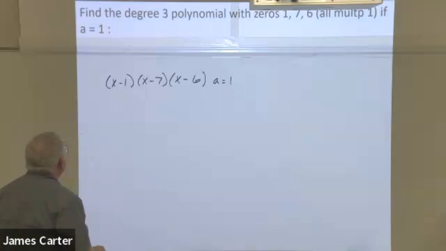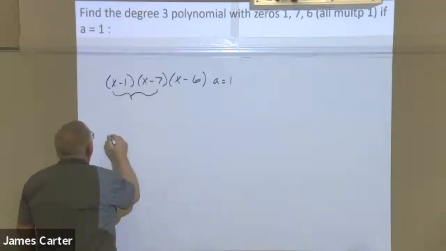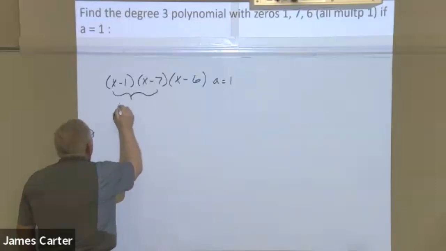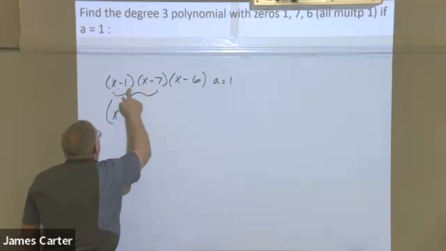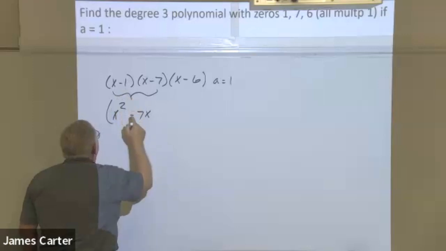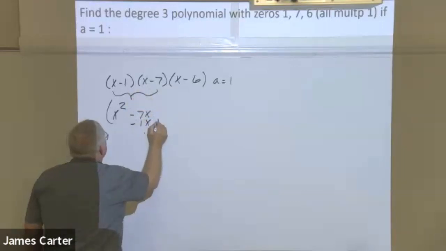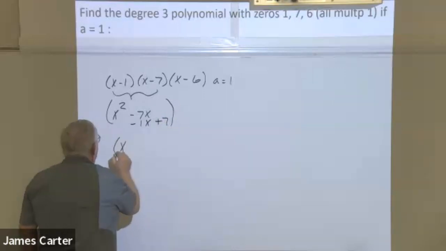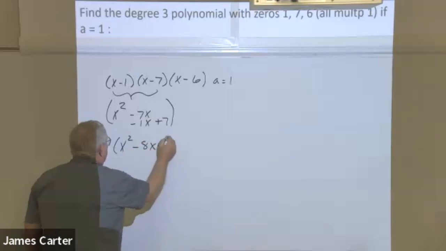Okay. So let's take these two together. x squared minus 7x minus 1x plus 7 becomes x squared minus 8x plus 7.